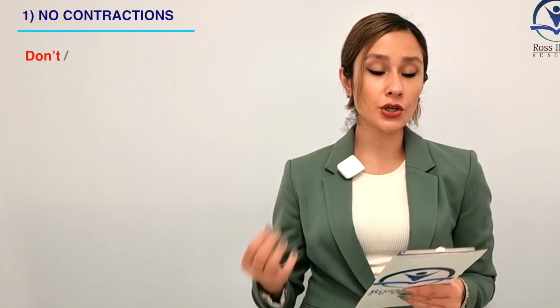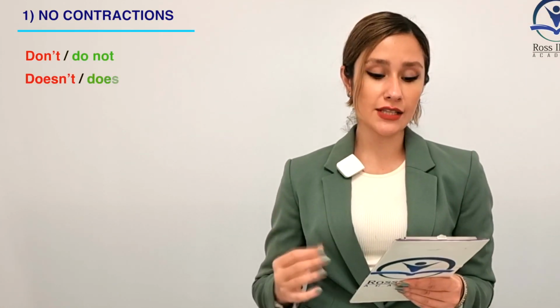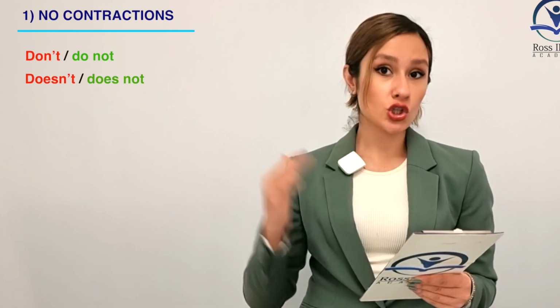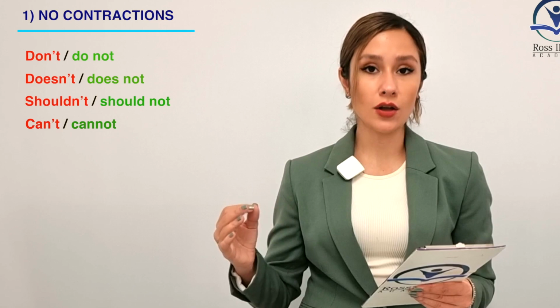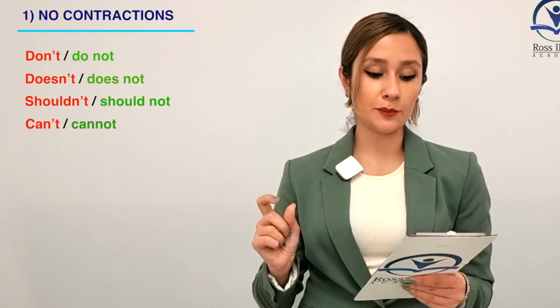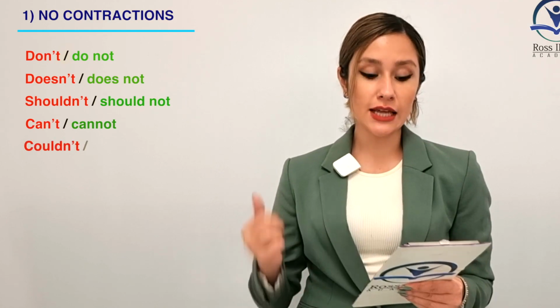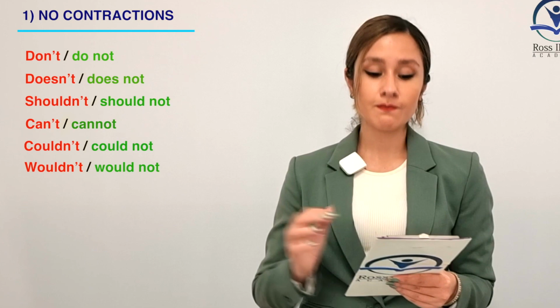So, for example, instead of saying don't, you should say do not. Instead of doesn't, you should say does not. Shouldn't, should not. Can't, cannot. And remember, cannot is one word only. Instead of couldn't, you should say could not. Wouldn't, would not.